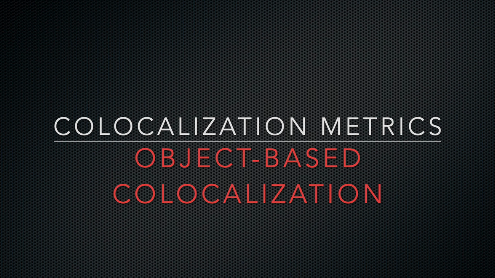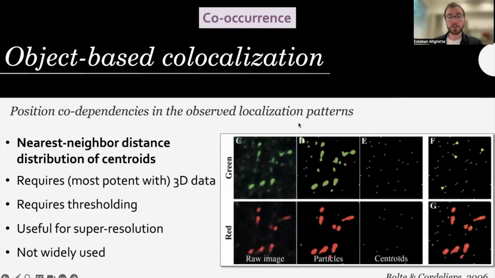object-based colocalization. And this is not so widely popular. It measures the position codependencies of the localization patterns. That is, basically, they take into account how near the signals are rather than necessarily overlapping. That's why this type of metric is very used for super resolution, and it's particularly useful for 3D data.